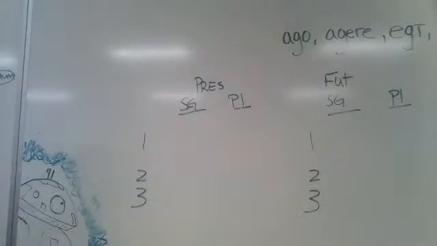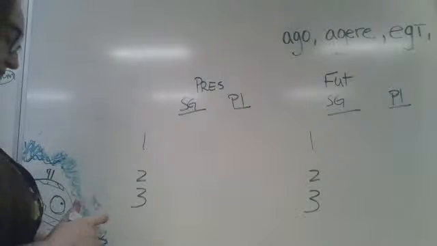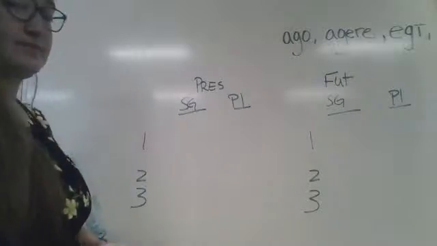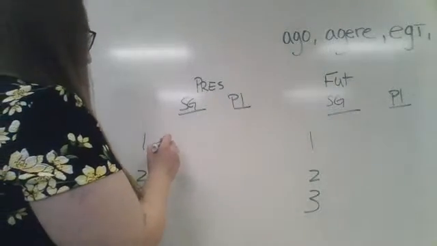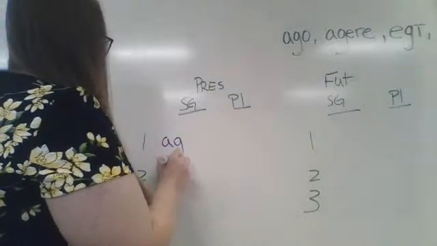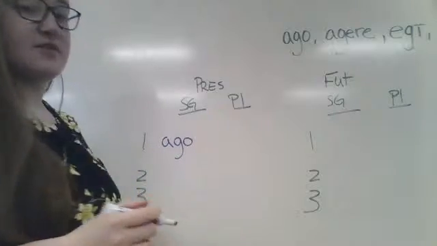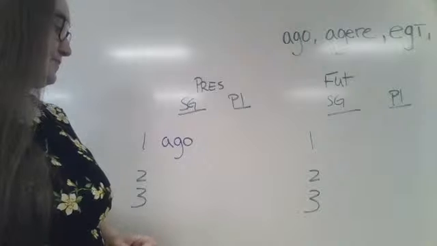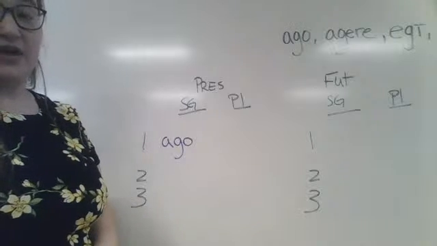Looking here at present tense, what is the first thing we always do for present tense? First step is always bring it down. They always give you first person present tense. What's the second thing we usually do?